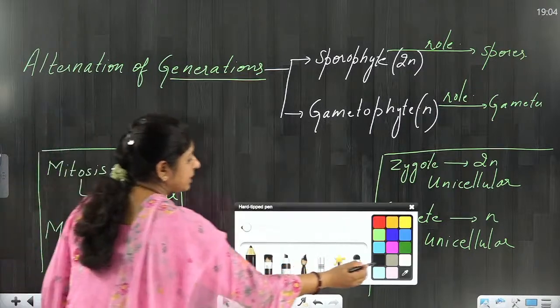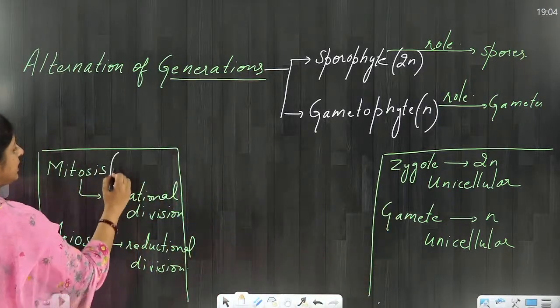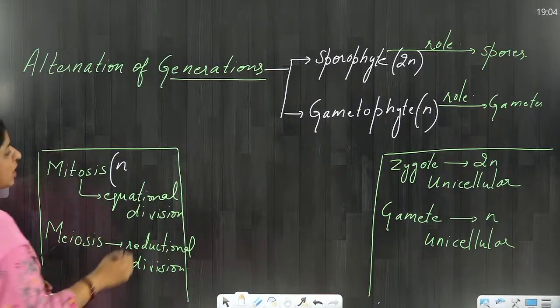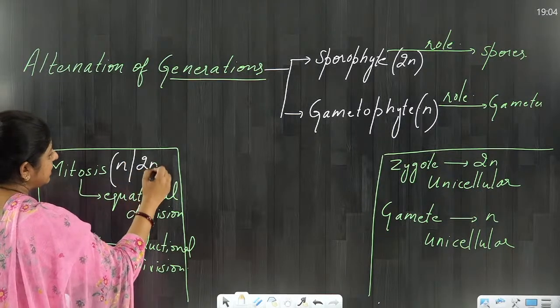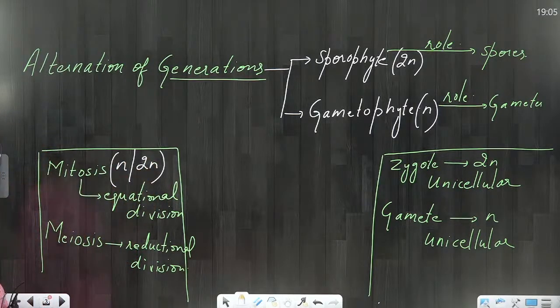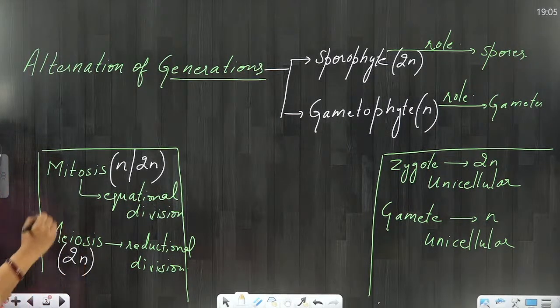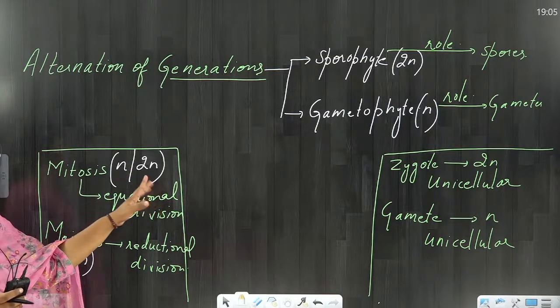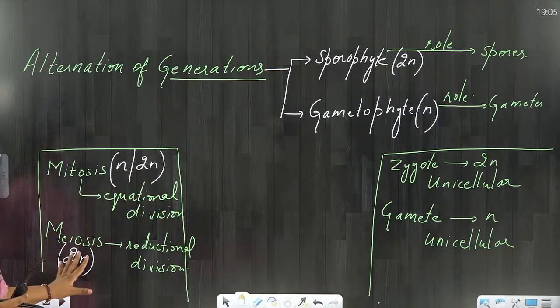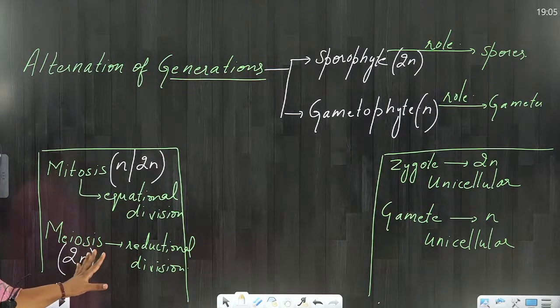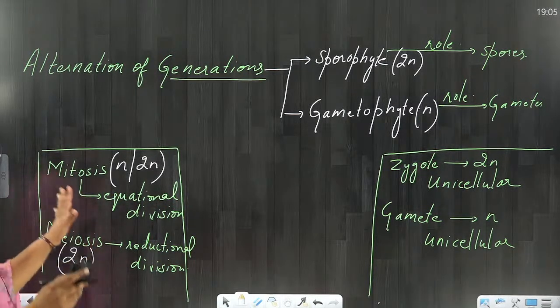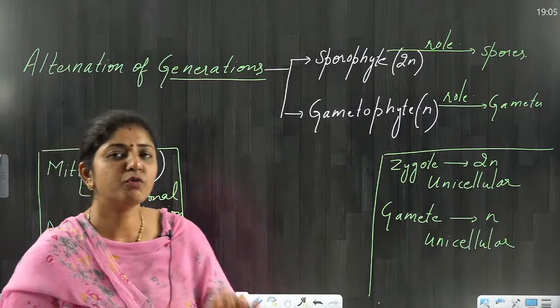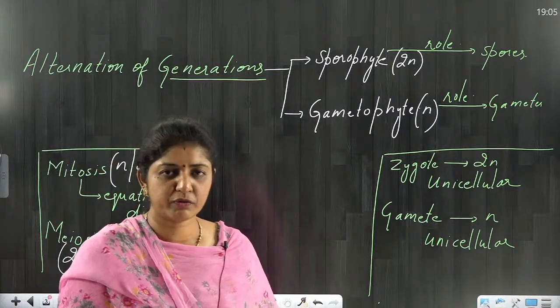Mitosis can happen either in a haploid cell or even in a diploid cell, means it helps it to divide. Whereas meiosis will happen only in case of a diploid cell, right? Mitosis can happen both in haploid or diploid, whereas meiosis will happen only in case of the diploid cells, right? So these things you should keep in your mind if you want to understand the life cycles of the plants.